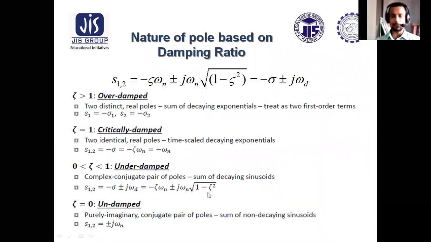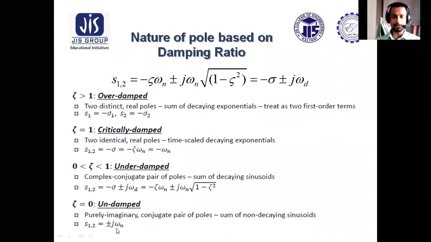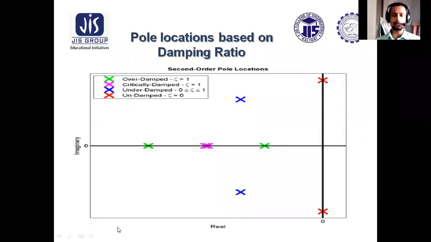So a complex conjugate pair of poles will be there, having both real and imaginary values. For an undamped system, only the imaginary part will be there, and this is a conjugate pair. This red shows the pole location for the undamped system.